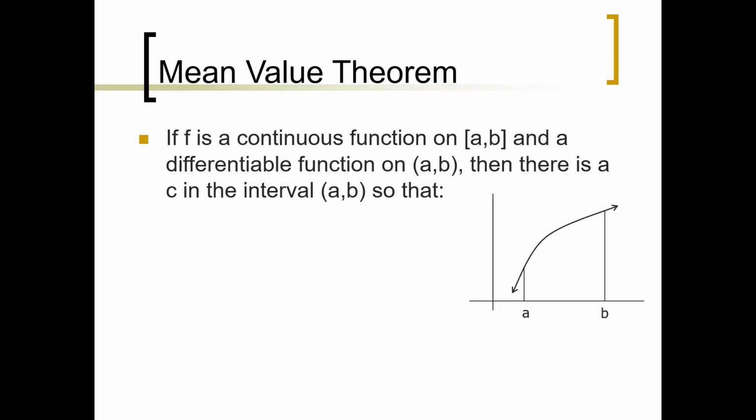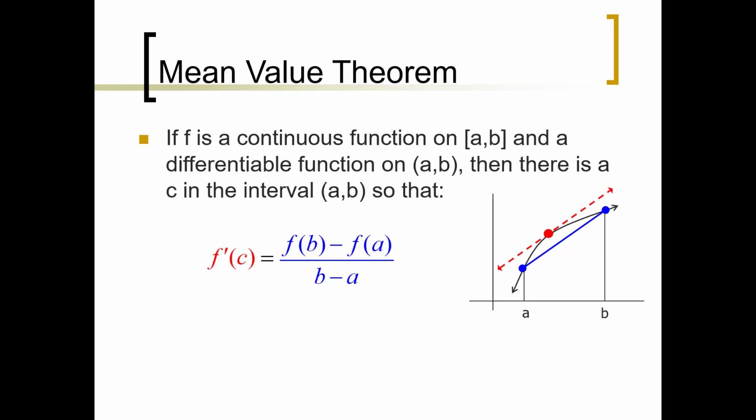Now, if f is a continuous function on a closed interval from a to b, and it's a differentiable function on the open interval from a to b, then there has to be a value c in that interval so that the instantaneous rate of change, that's the instantaneous speed, or also the slope of the tangent line, is the same as the average rate of change, which is the average speed.